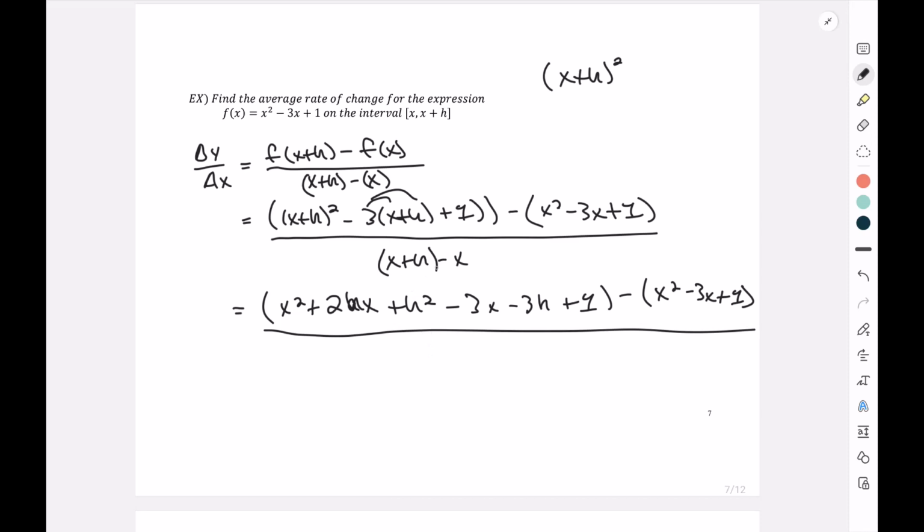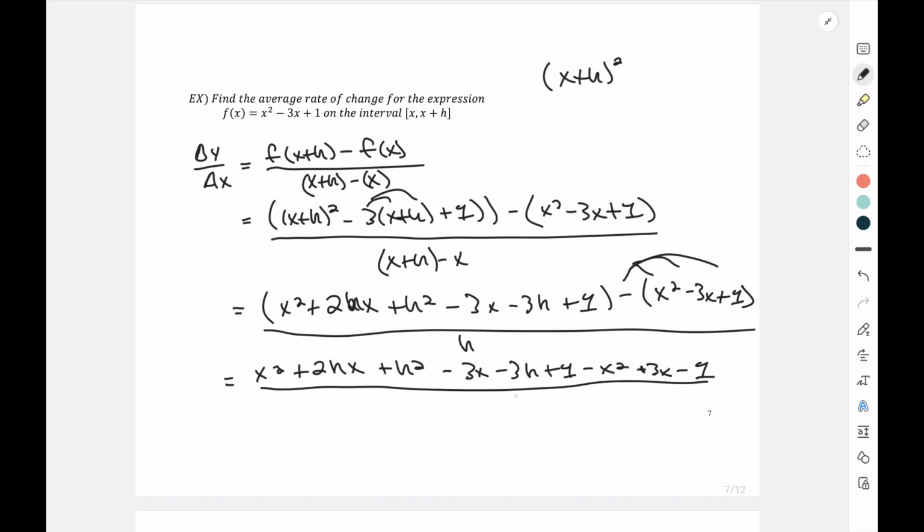Since we can combine like terms in the denominator, we can see that our x's would cancel and we're left with h. We would also want to distribute this negative into our quadratic on the right. And so we would have x squared plus 2xh plus h squared minus 3x minus 3h plus 1 minus x squared plus 3x minus 1 all over h.